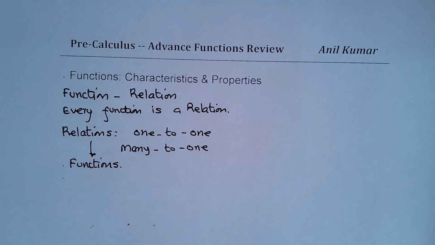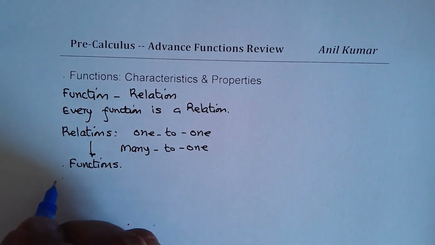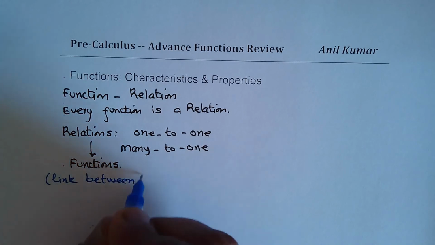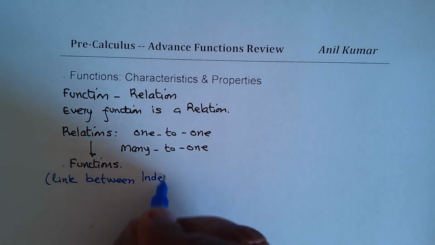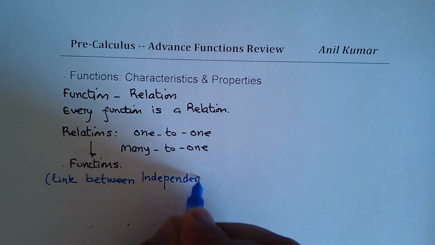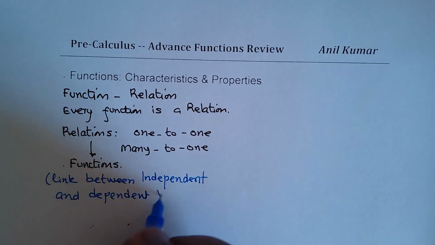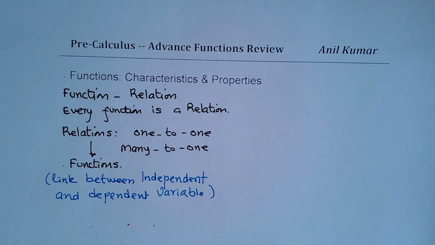What are we linking? We are linking the independent variable with the dependent variable, right? So a relation is a link between independent variable and dependent variable, correct? That is what we are doing all the time.